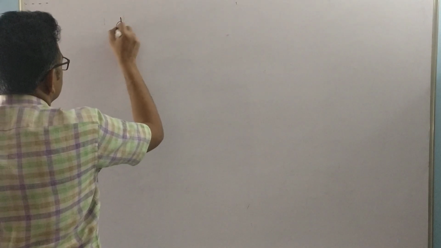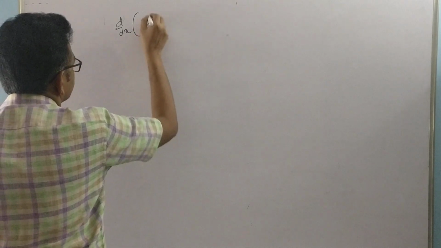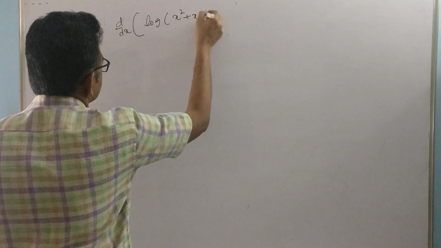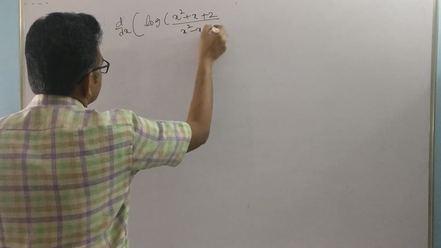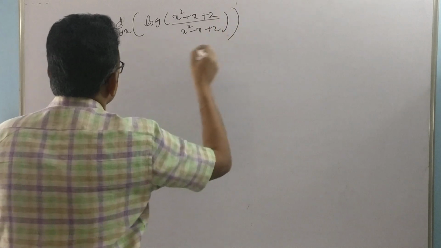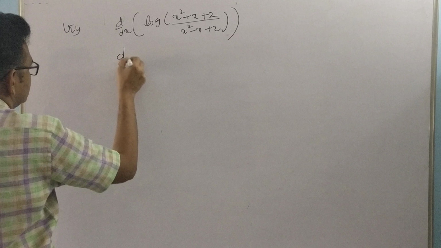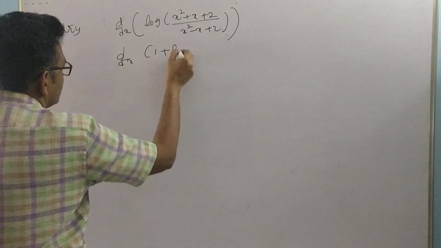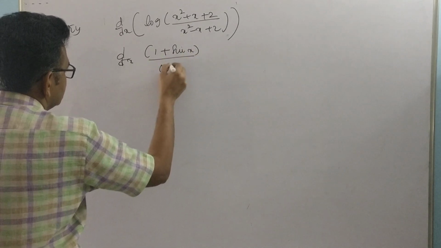Next one, derivative of log of x square plus x plus 2 by x square minus x plus 2. You have to find the derivative of this. D by dx of 1 plus sin x by cos x.